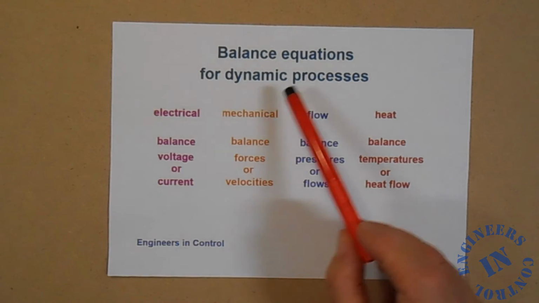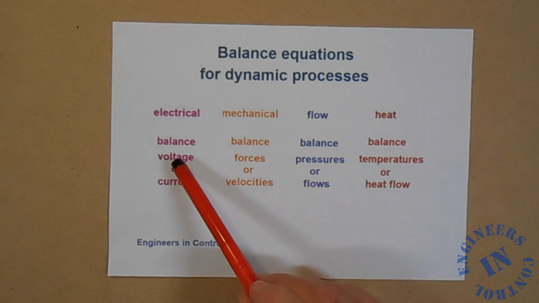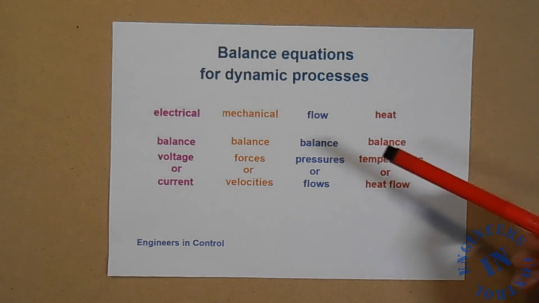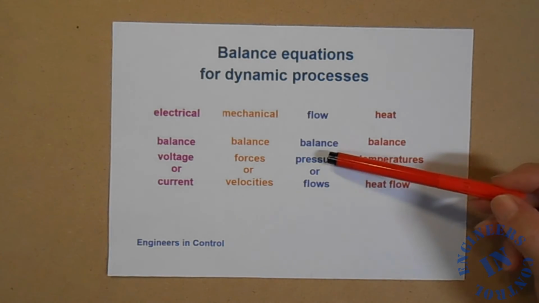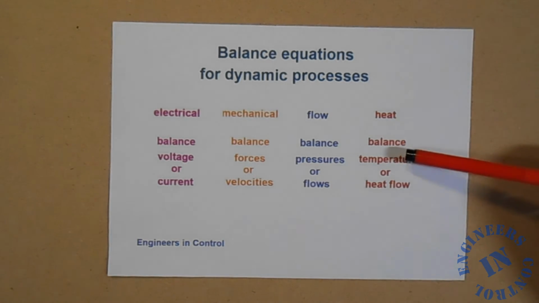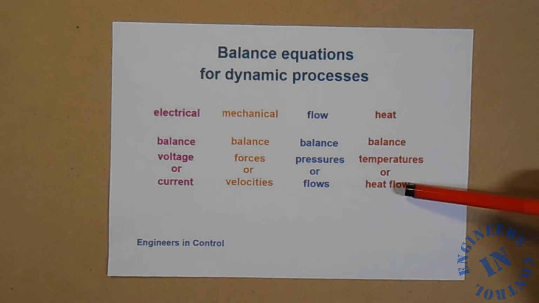So we have a choice with our balance equations with electrical voltage or current, mechanical force or velocity. With flow rate we can balance pressures or flow rates, and with heat we can balance temperature differences and heat flow.